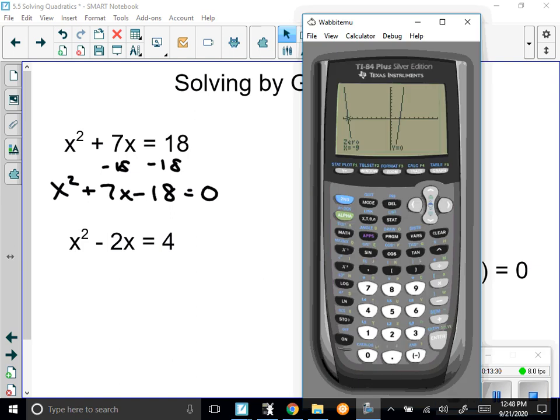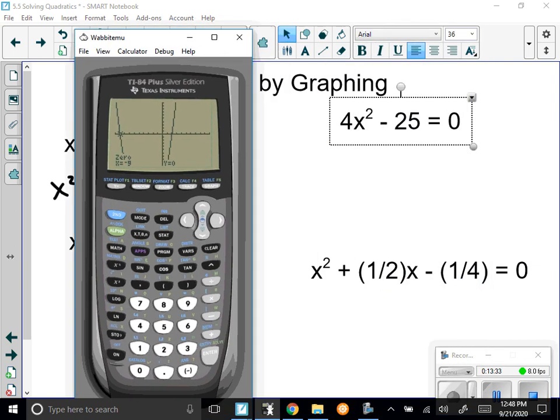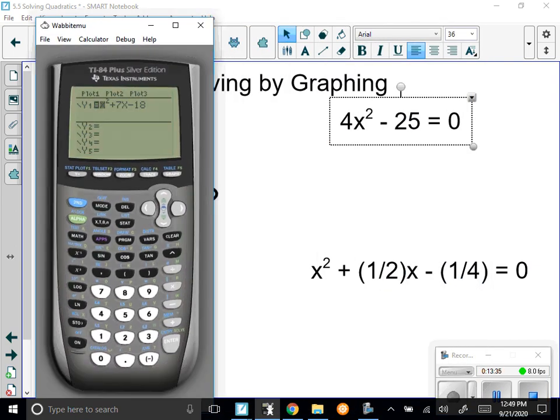Equal to 0 is already done, and then what do you say we do? Plug it in, that's it. So I'm going to type in 4x squared minus 25, and I'm going to hit graph.